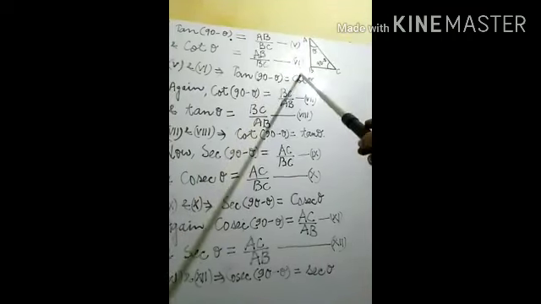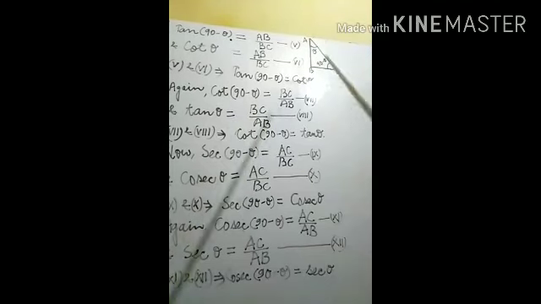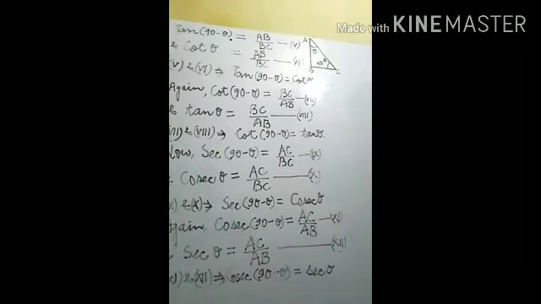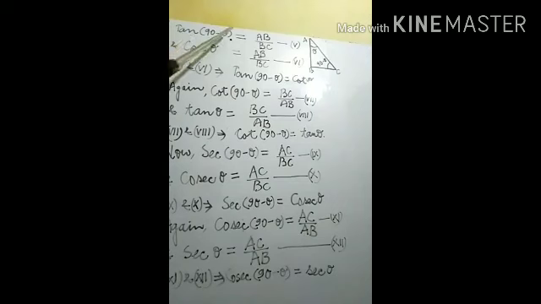Now we have to compare equation number 5 and 6. So what will be there? Tan 90 minus theta equals AB upon BC. Cot theta is also equal to the same quantity AB upon BC. So things which are equal to the same thing are equal, means tan 90 minus theta equals cot of theta.